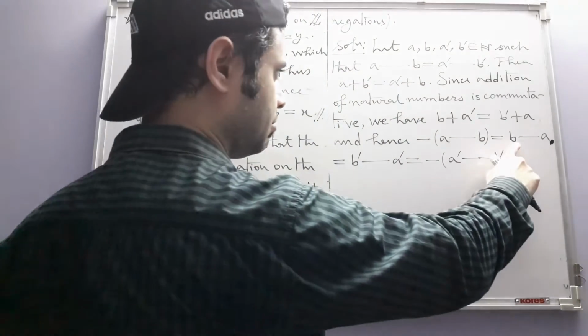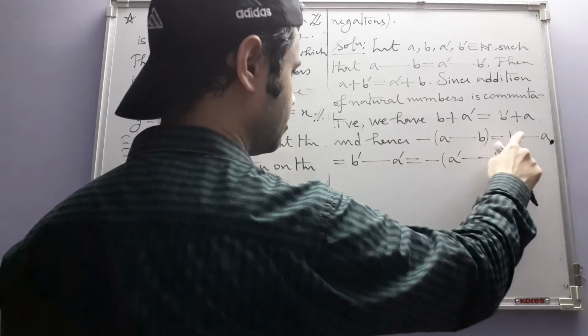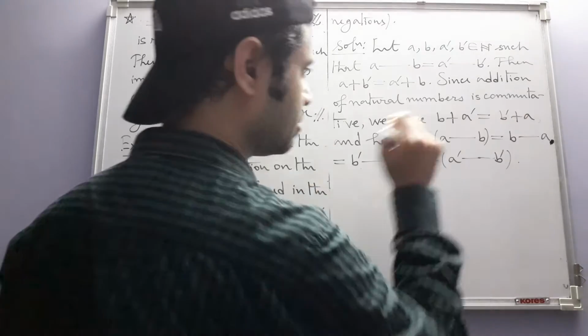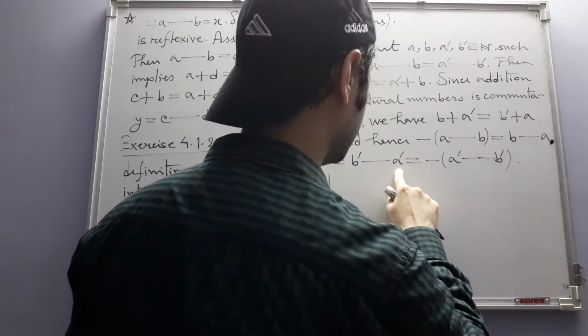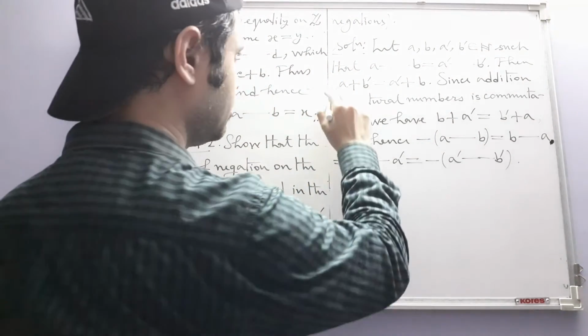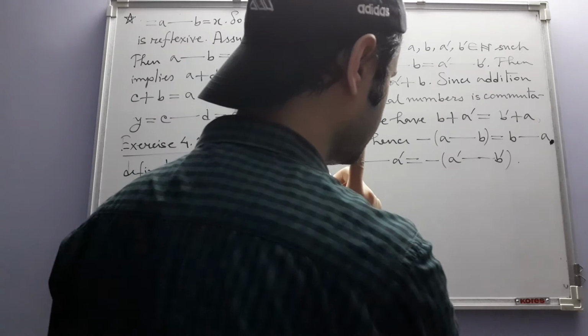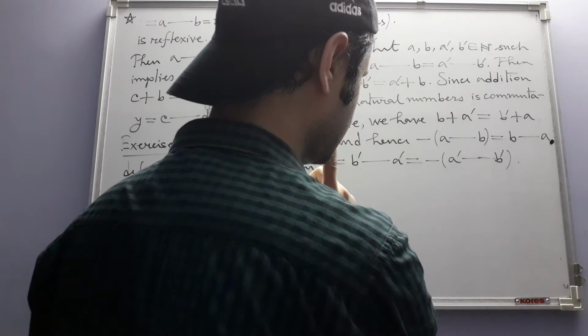Let us again see for the last time. b plus a prime is equal to a plus b prime. Oh, we did not need to change one of them. That is really strange.